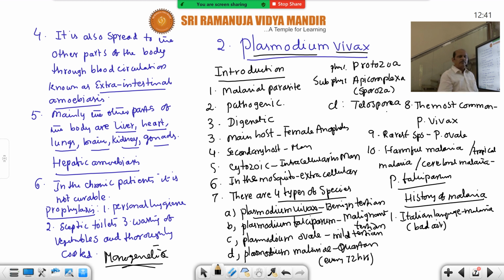Malaria fever never spreads by air. It spreads by mosquito bite. It is an inoculative parasite. The mosquito injects the sporozoite stages into the blood of human beings. That injection of sporozoites into the blood of man by mosquito bite is called inoculation.